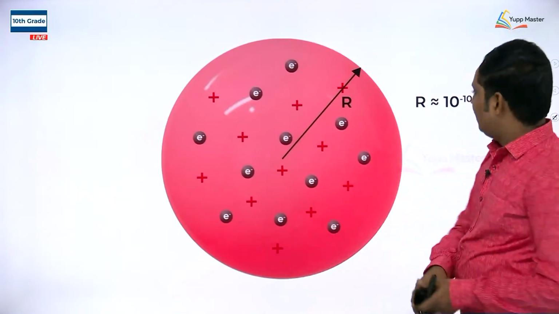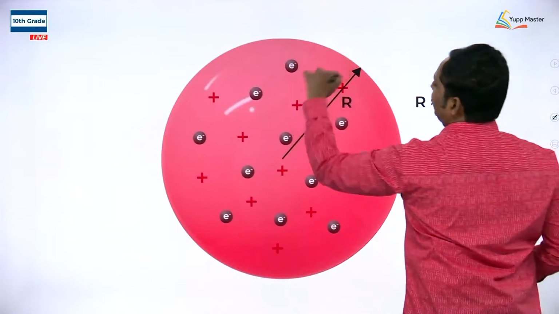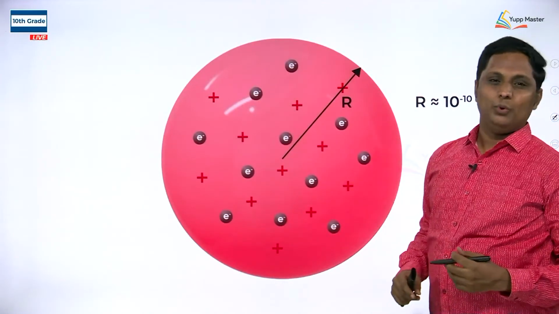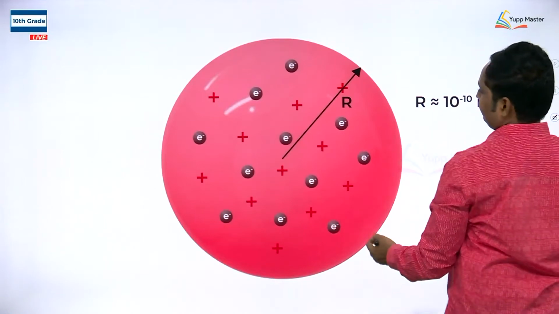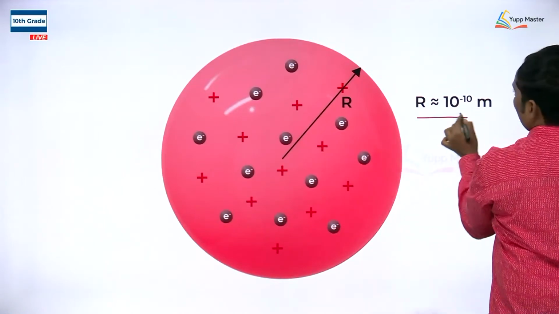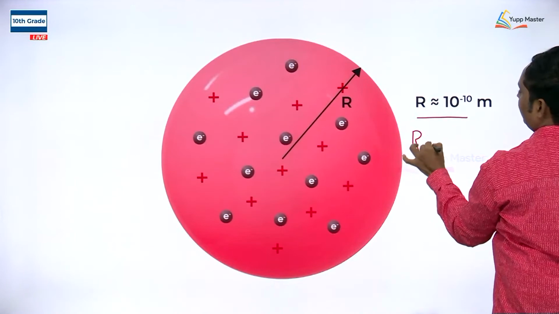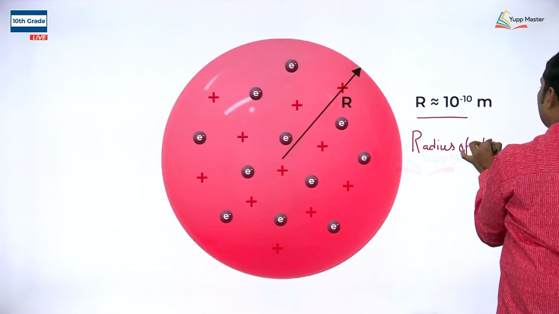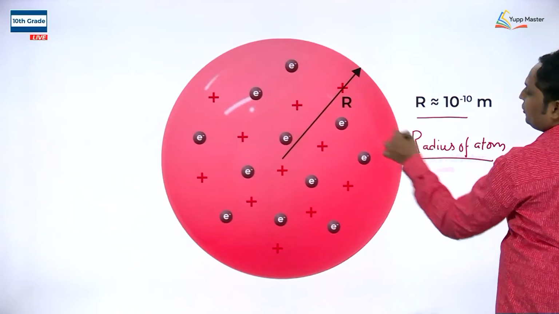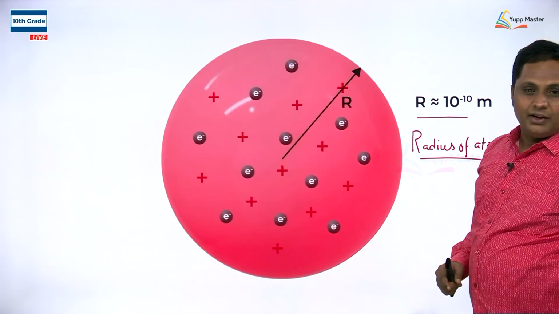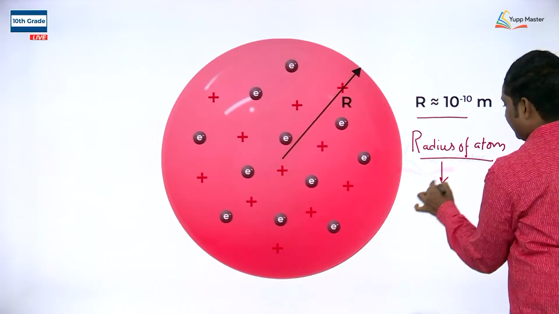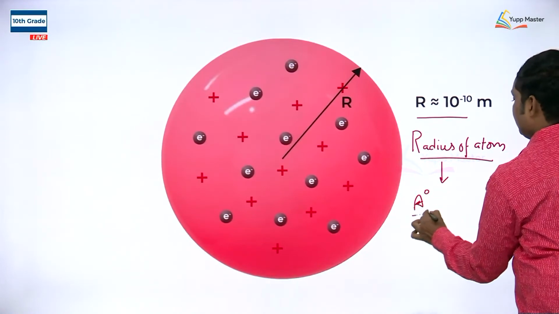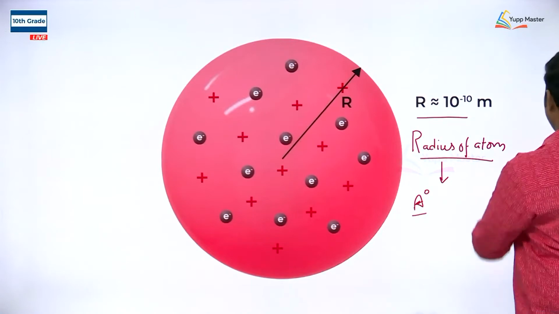So, if you are going to take that, the spherical portion, yes, you can take that r. What about that r? R is the radius of atom. We are going to take that to represent the radius of atom, we will use that angstrom units, right. So, it is very clear.